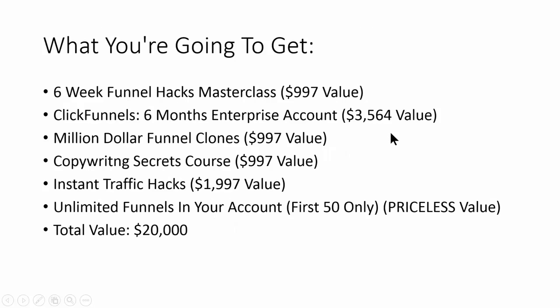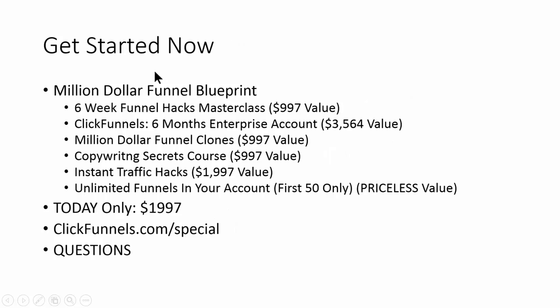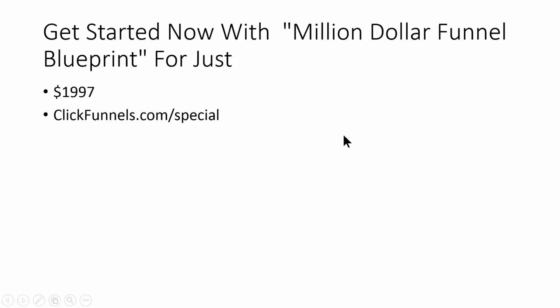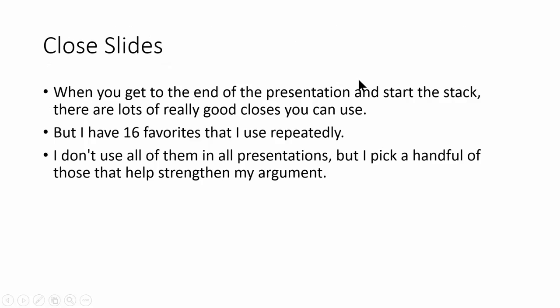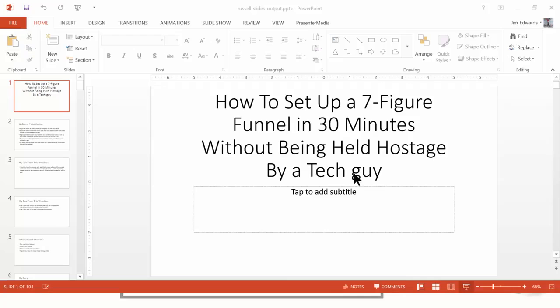Got the guarantee, the real question. If it wasn't amazing enough already, here's your bonus. So it's got all your bonus information. It does the stack. It does your question slide, the one where you just stay on the screen while you're answering questions and defeating objections. And then it's got the call to action slide. And then it's got all the closes as well. So all 16 closes that Russell teaches you in the book, here are the slides for them.